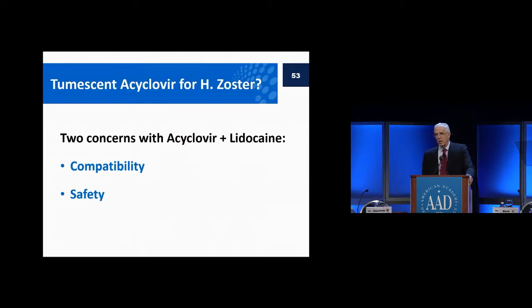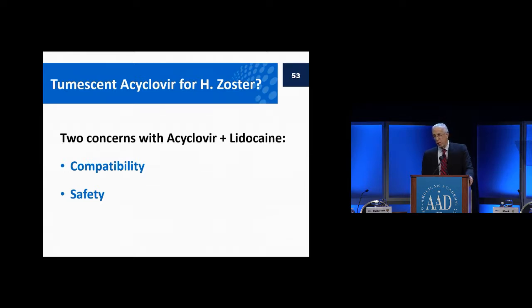So another drug that I thought about using is acyclovir. For years, we've been treating patients with tumescent lidocaine anesthesia for herpes zoster pain. It removes the pain instantaneously, just like that. You do the procedure, infiltrate the local anesthetic, and they have no pain for 12 to 18 hours, and are very grateful for the fact that they can sleep for the first time in days.